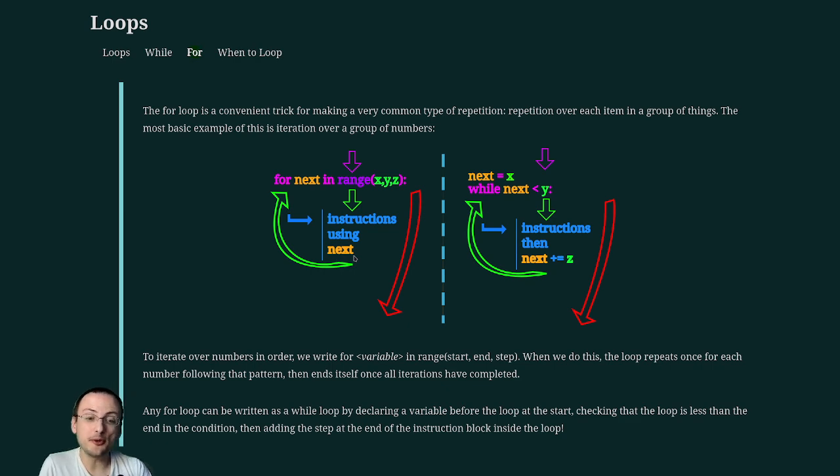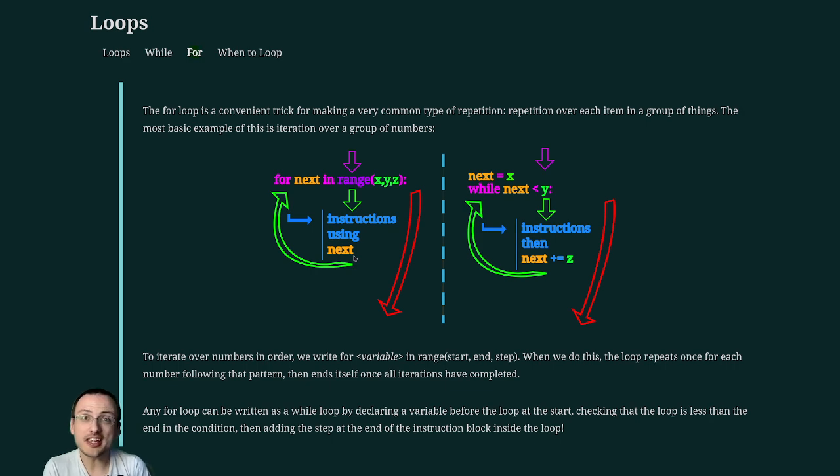So this for loop is really convenient when we can very explicitly state how many times we want something to happen, or we've got a collection like we'll learn about in our next video, and we want to make sure something happens for each item in that collection.